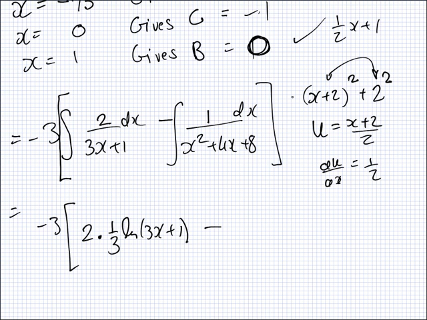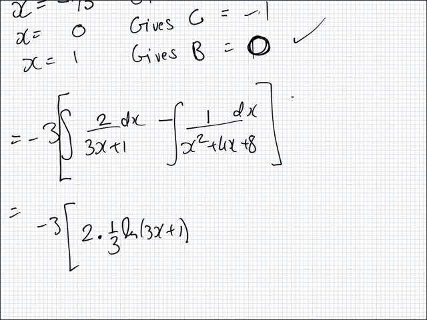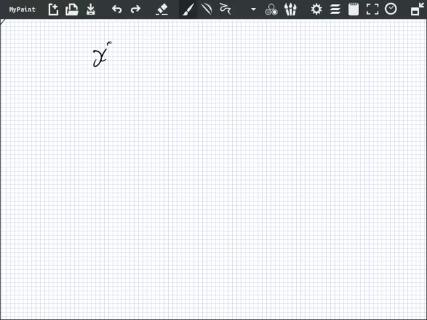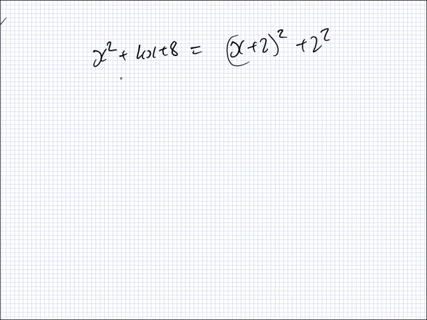Oh my goodness, my brain stopped working. Hang on. u equals x plus 2 over 2, right? Okay, fine. x squared plus 4x plus 8 equals x plus 2 squared plus 2 squared. Okay, you're happy.